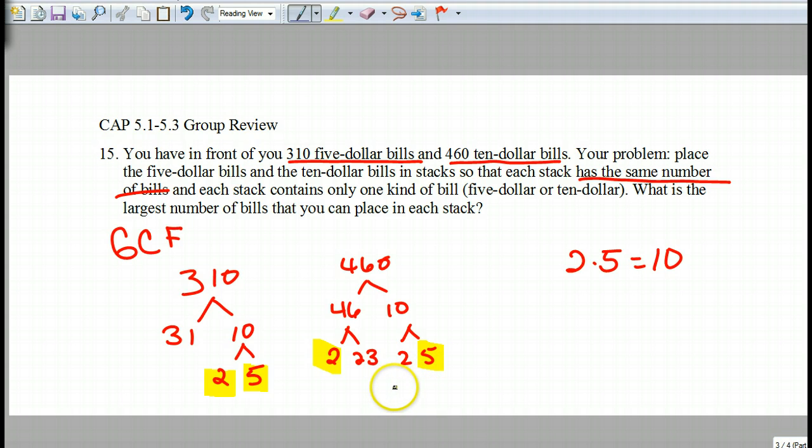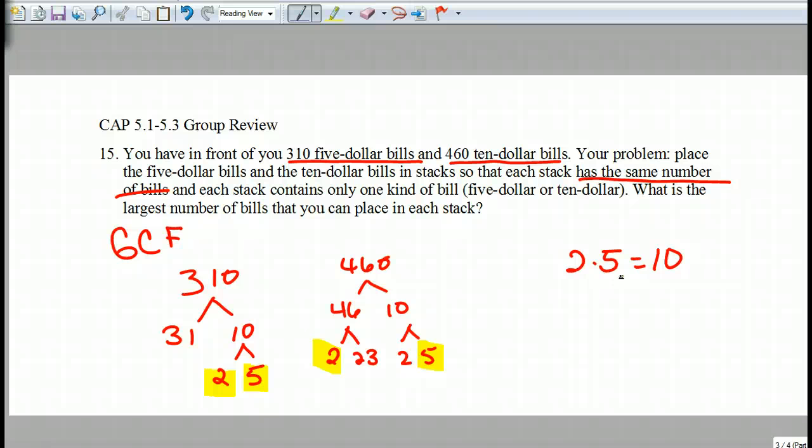Remember earlier I said GCF, you're matching primes. So notice I have highlighted here, the 2's are highlighted, they match, and the 5's highlighted. There's nothing else I can pair with. I can't pair this 2 with the 2 on the 310 because there's not another 2 to pair it up with. So if I take 2 times 5, that's equal to 10. So that's the number of bills in each stack. It's 10 bills in each stack.